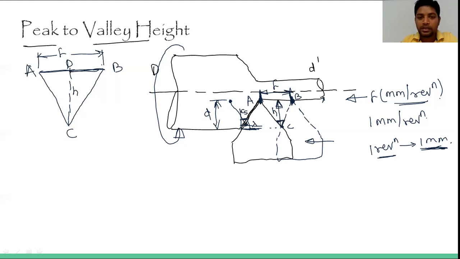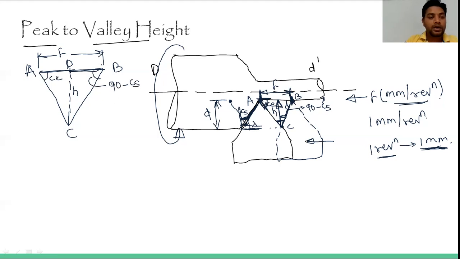This is the side cutting edge, and from the perpendicular, this angle is CS, and this angle will be 90 minus CS. And this is the end cutting edge, so from the horizontal, this angle will be CE, that is the end cutting edge angle. And this angle will be 90 degrees minus CS.